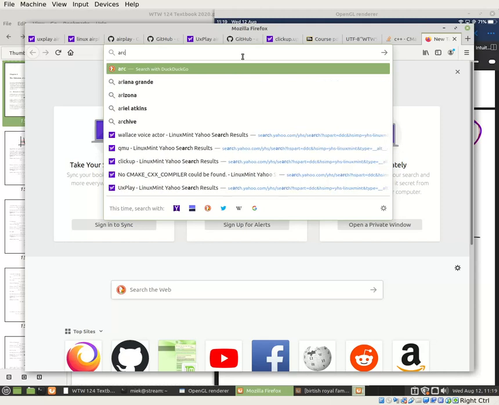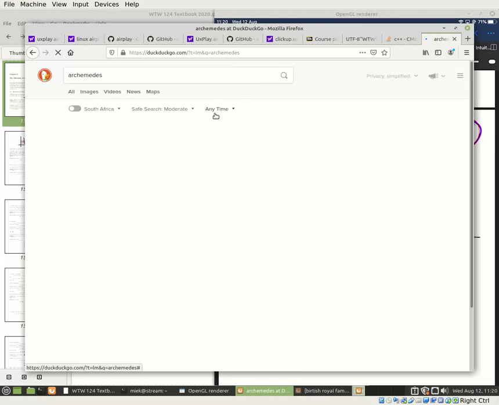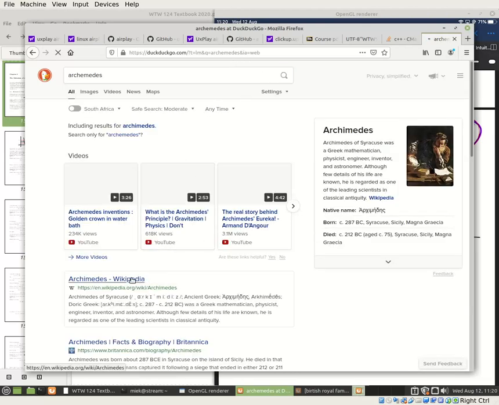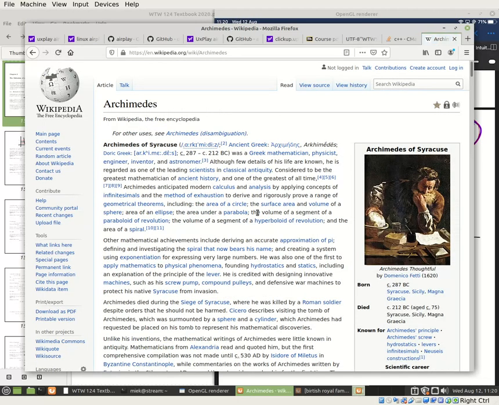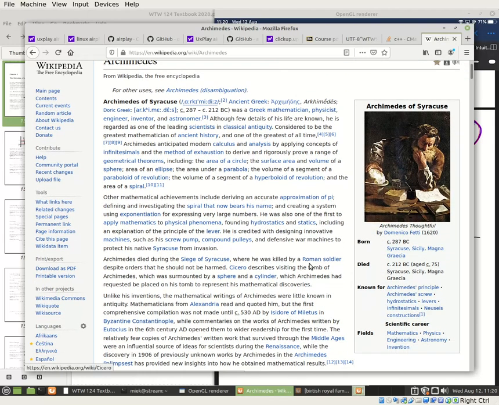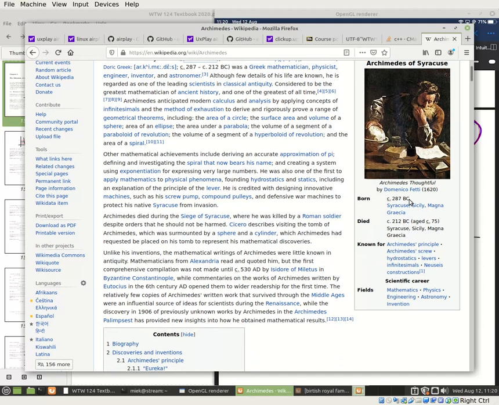One of the first people to consider limiting processes like this was Archimedes. So very famously, Archimedes computed the volume of a sphere compared to the volume of a cylinder, and that was actually inscribed on his gravestone. Let's see when Archimedes actually lived.